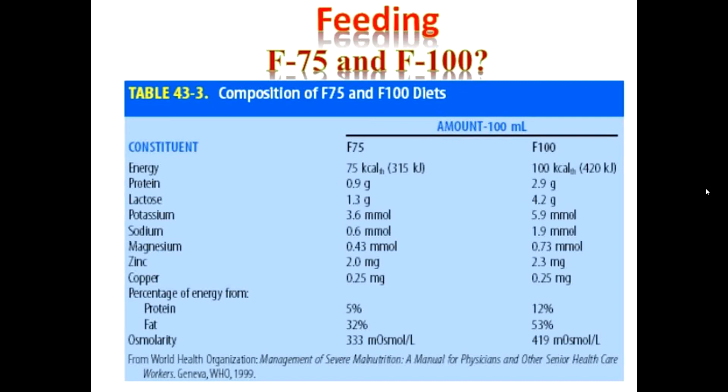Lactose is low, 1.3 compared to 4.2 grams. Potassium, sodium, magnesium, zinc, all of them are increased, and the fat content is again quite high, and the osmolarity is again on the higher side.